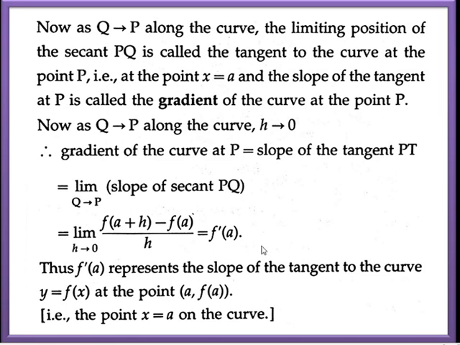You should know that the product of slopes of two perpendicular lines is -1. So if the slope of the tangent is f dash of a, the slope of the normal, which is perpendicular to this, will be what? -1 upon f dash of a. So the equation of the normal is y minus f of a equal to -1 upon f dash of a into, in brackets, x minus a.